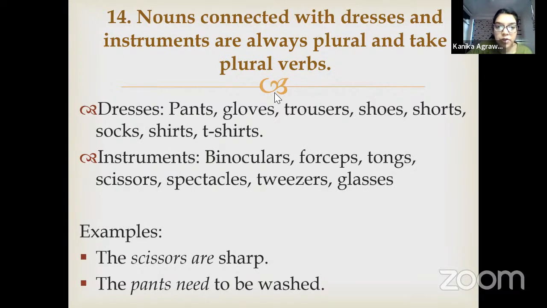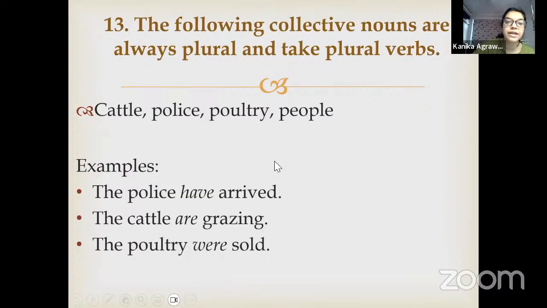Number 13 and number 12 are both collective nouns. So how will we know whether to take plural or singular? That's what I'm saying, you have to keep in mind. These are always plural: cattle, police, poultry, people, because they are always in a group, right? There is no one police. There is no one people. Okay.